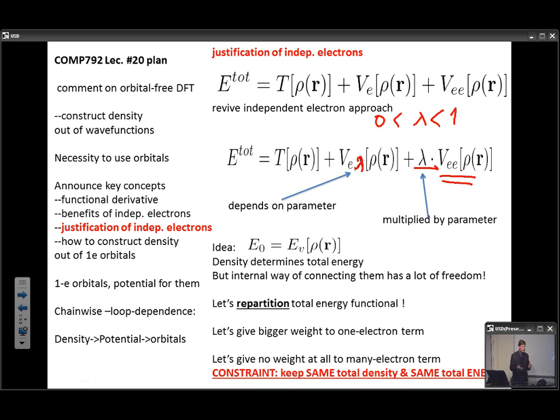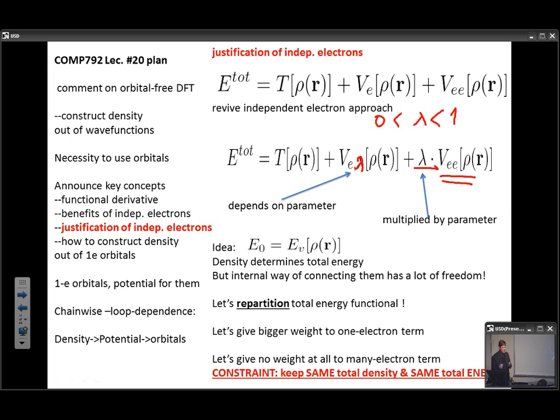And then there are two limiting cases. One limiting case is a realistic universe when we have full-scale multi-electron interaction, and another ultimate case when this lambda parameter is equal to 0, meaning that electrons do not interact with each other.